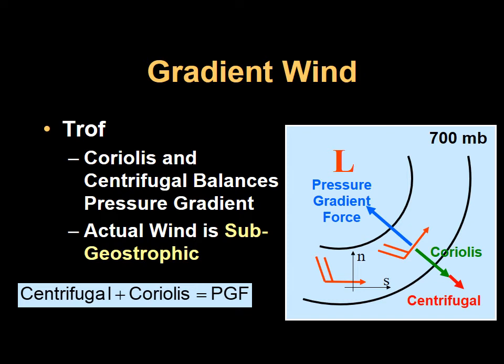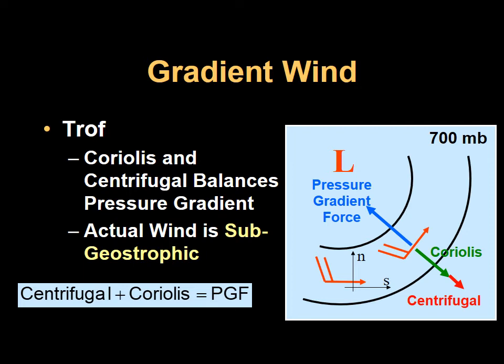So when you're going around a low pressure system, of course centrifugal force always acts to the outside, Coriolis acts to the right of the wind, and pressure gradient is trying to pull the air in towards the low. So a balance develops where the wind is flowing parallel to the contours, but you've got Coriolis and centrifugal adding up to equal pressure gradient.